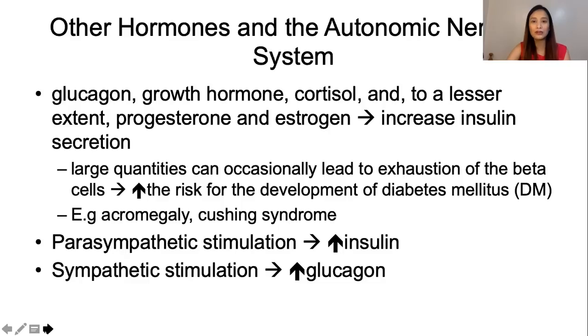So what are the other hormones that affect insulin secretion? Your glucagon, your growth hormone, your cortisol, and to a lesser extent, progesterone and estrogen increase insulin secretion.